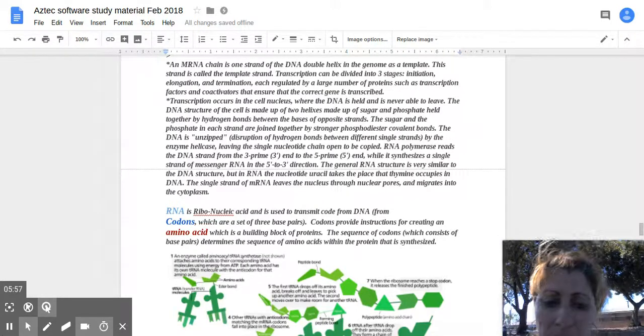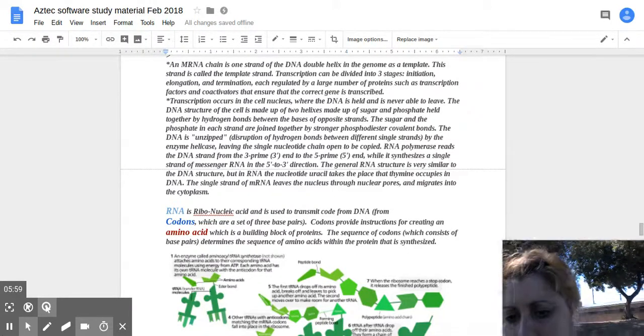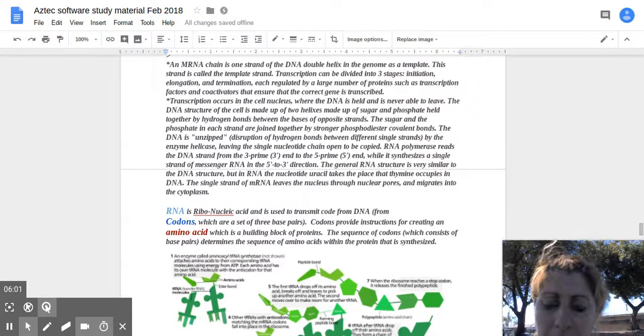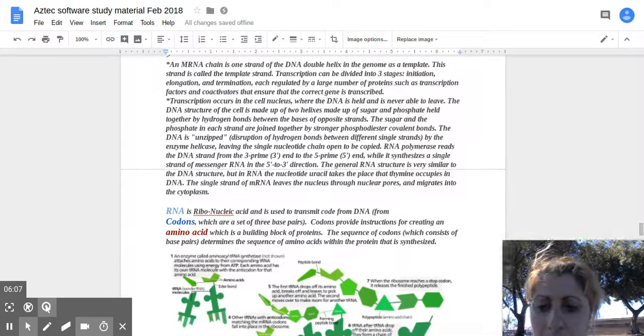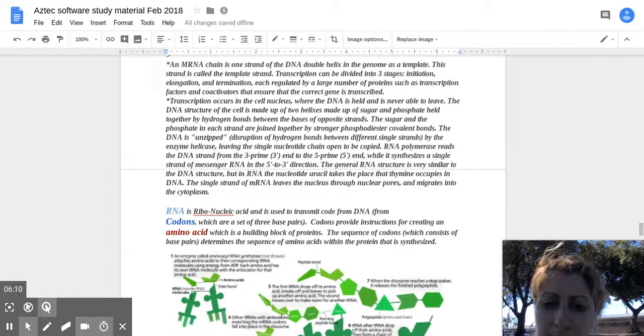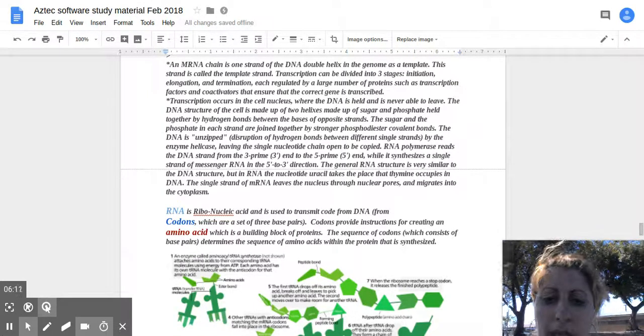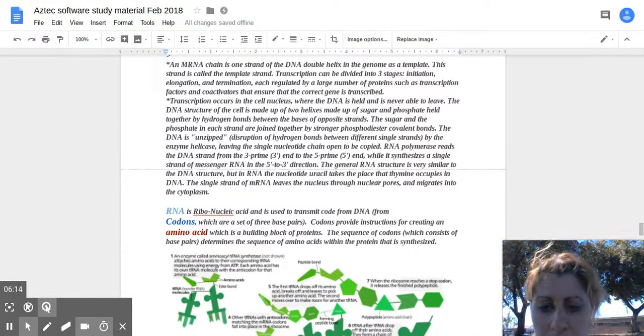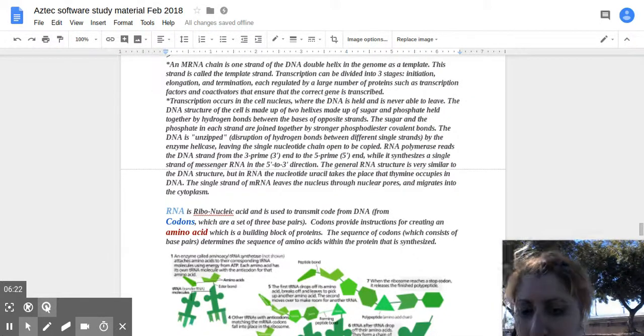The general RNA structure is very similar to the DNA structure, but in the RNA, the nucleoside uracil takes the place that thymine occupies in DNA. Okay, I got it backwards. So thymine is in DNA, uracil is in RNA. The single strand of mRNA leaves the nucleus through the nuclear pores, migrating into the cytoplasm.